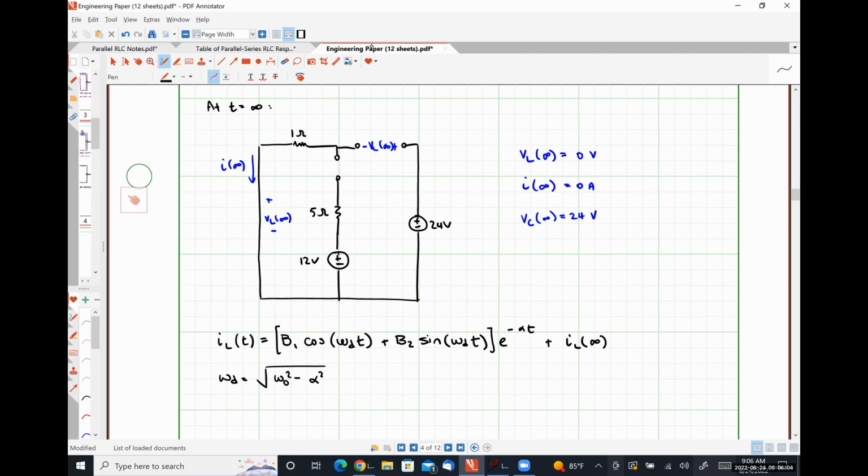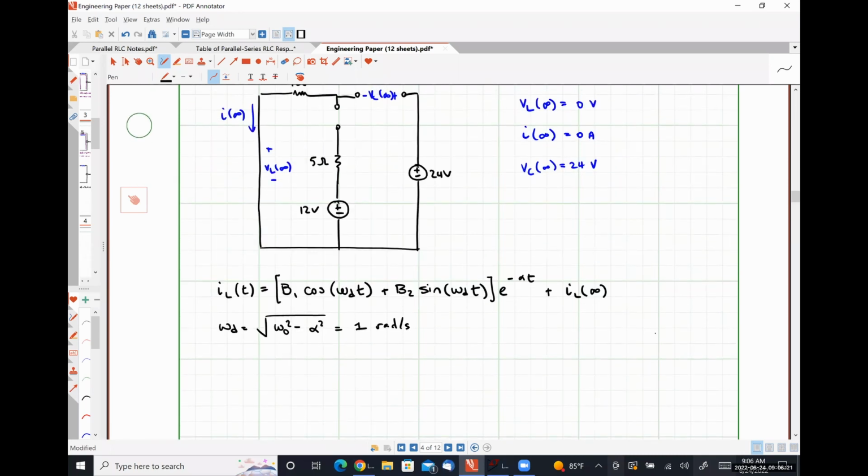So 2.236 squared minus 2 squared is equal to 1 radian per second.